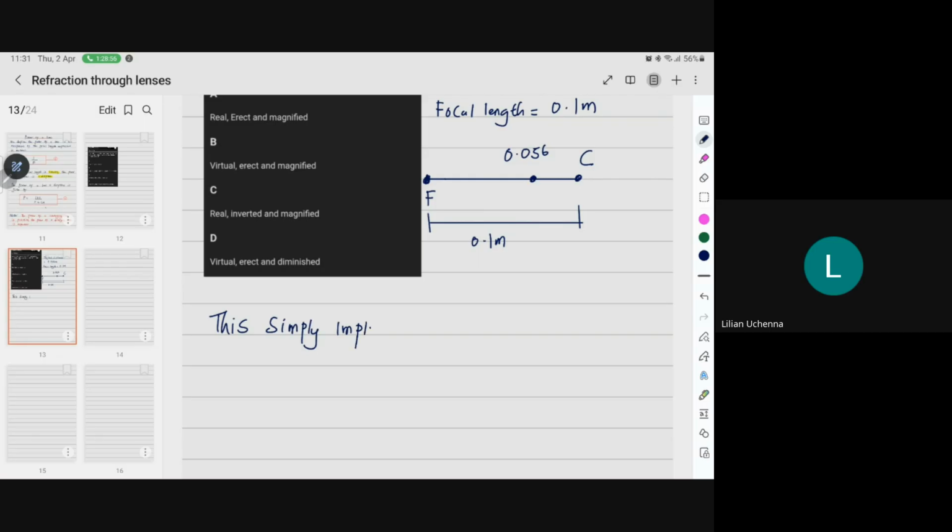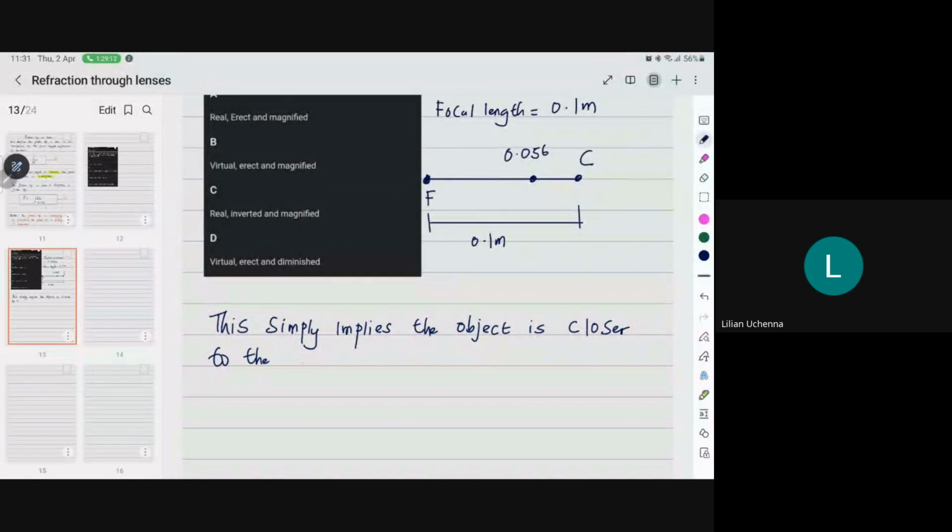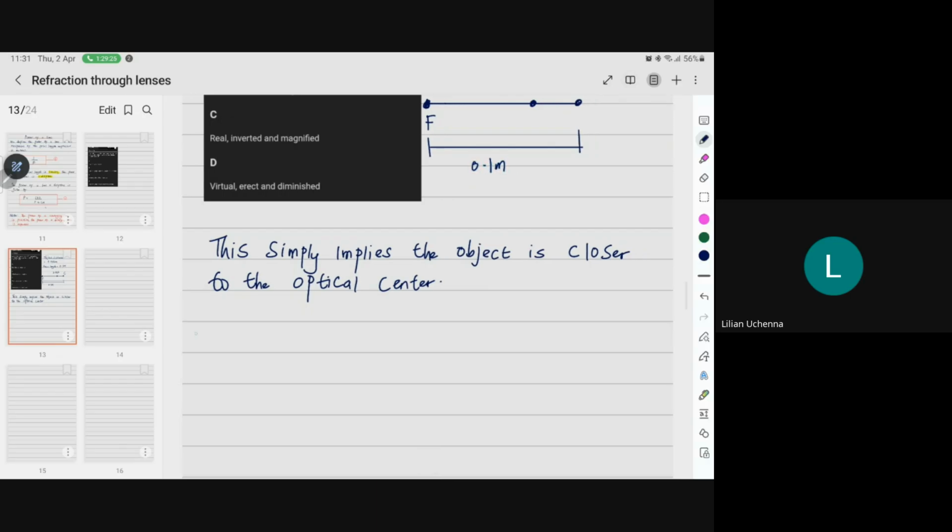So this simply implies the object is closer to the optical center. Case of object less than the focal length.